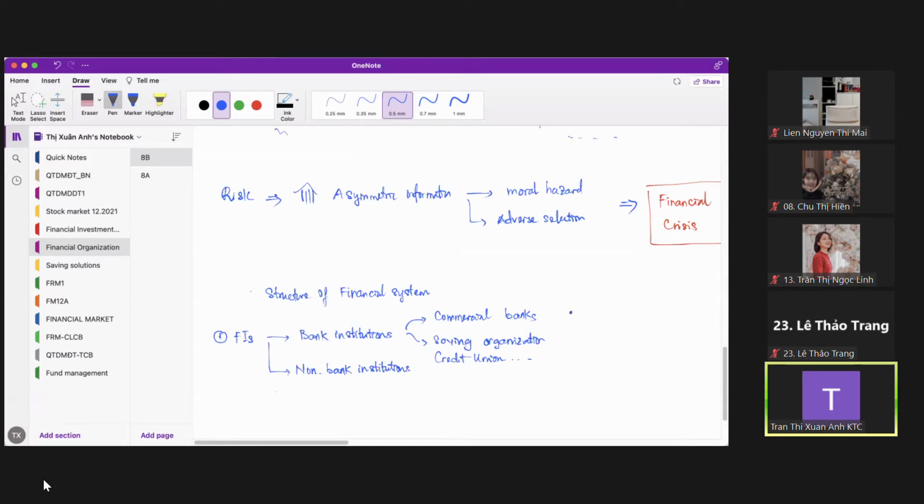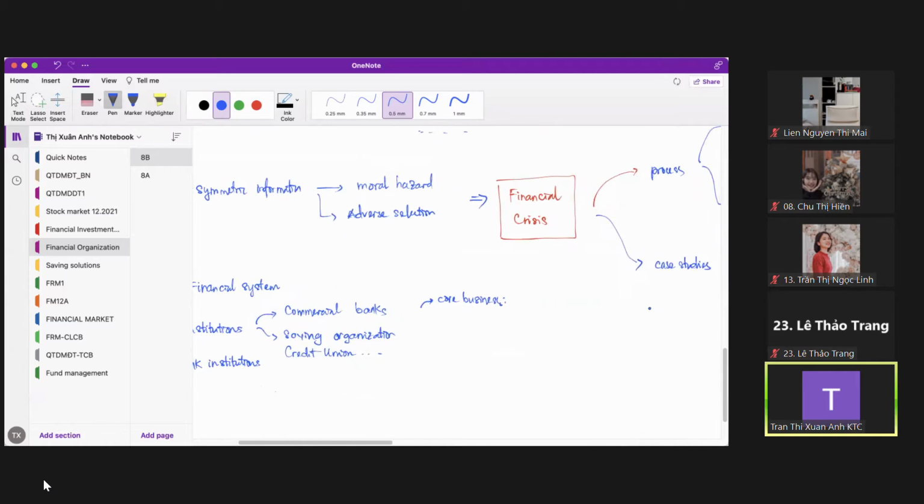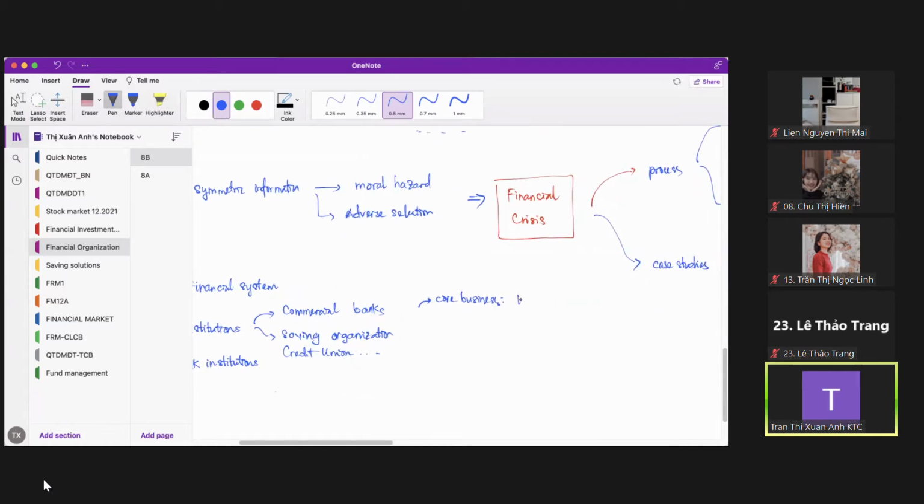The core business of commerce banks is that they take deposits, and then they make loans to the borrowers. So that is the main service.